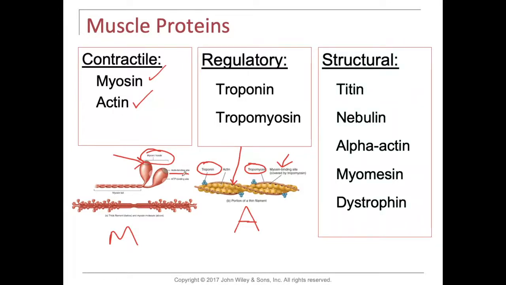Make sense? So the actin binding site has to articulate with the myosin binding site. Where is the myosin binding site? On actin. Where is the actin binding site? On myosin.